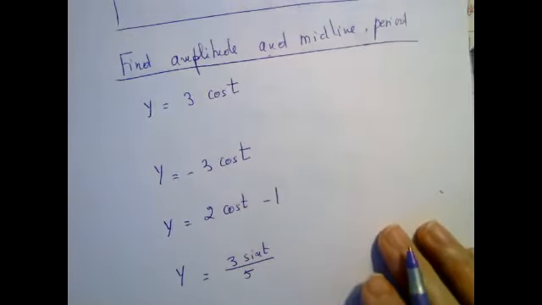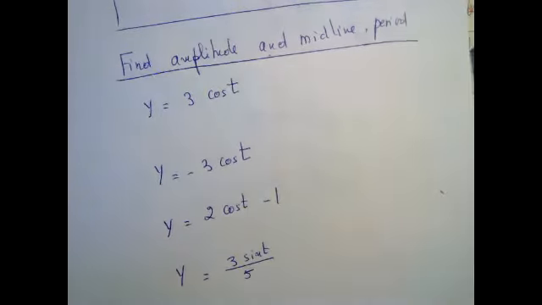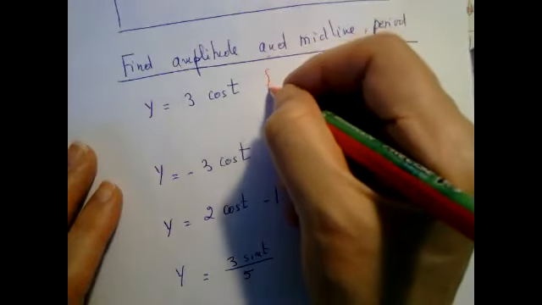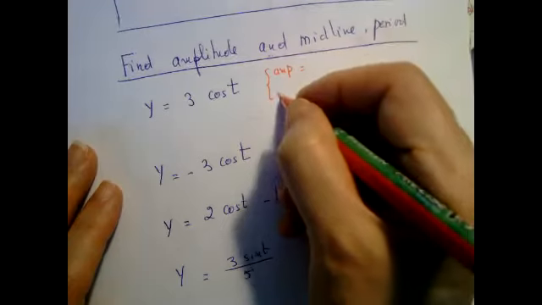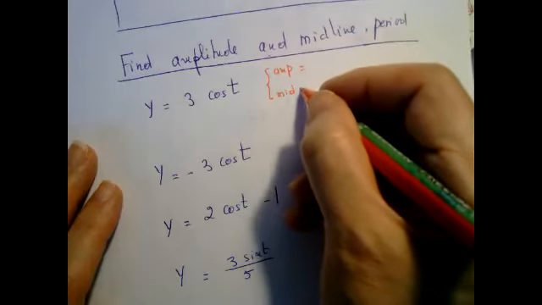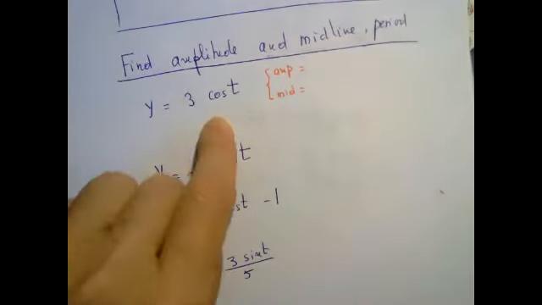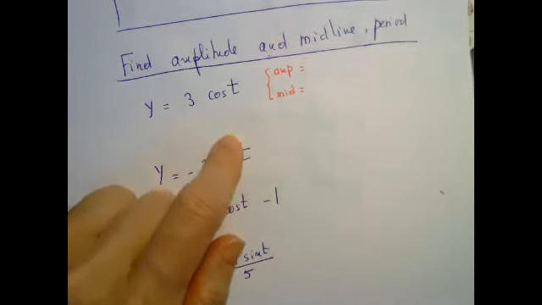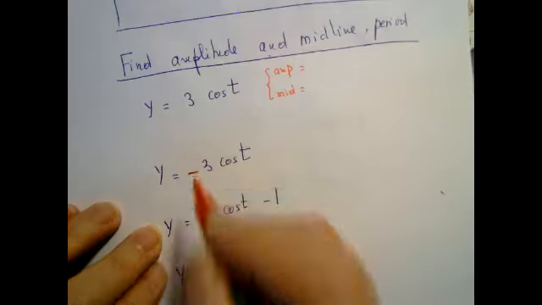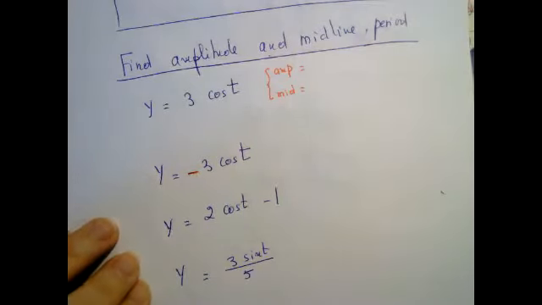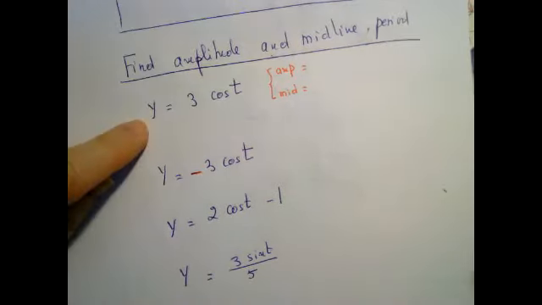Okay, so for each one of those, we want the amplitude and the midline. The first one, quickly. This is a -3, yes. Thank you. All right. The first one, what's the amplitude?